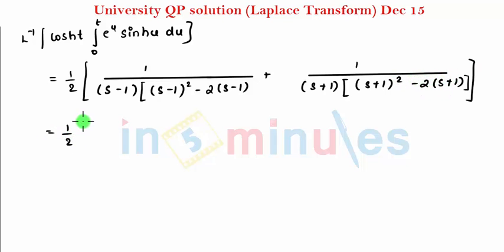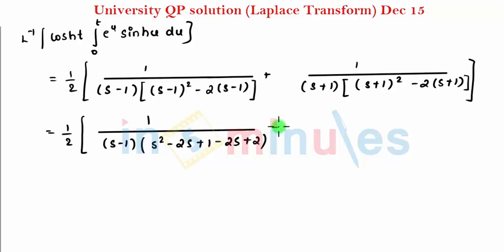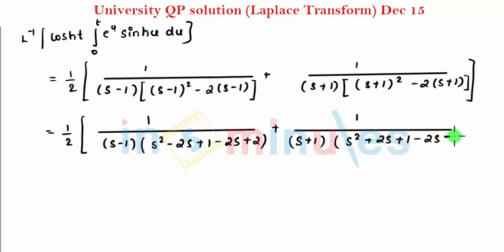So you can write 1 by 2, 1 divided by s minus 1, and here you can write this is s square minus 2s plus 1 minus 2s plus 2. And the next, I can write plus 1 divided by s plus 1, here s square plus 2s plus 1 minus 2s and minus 2.